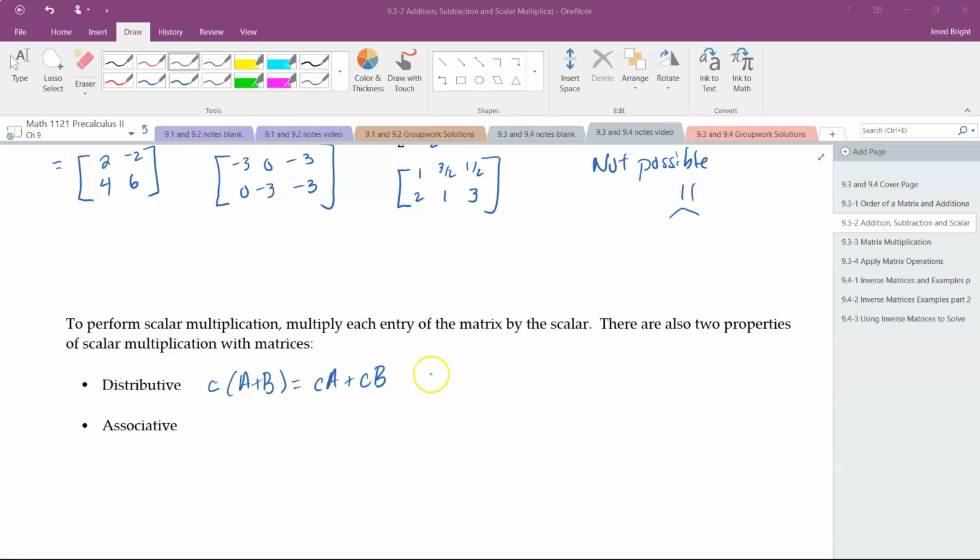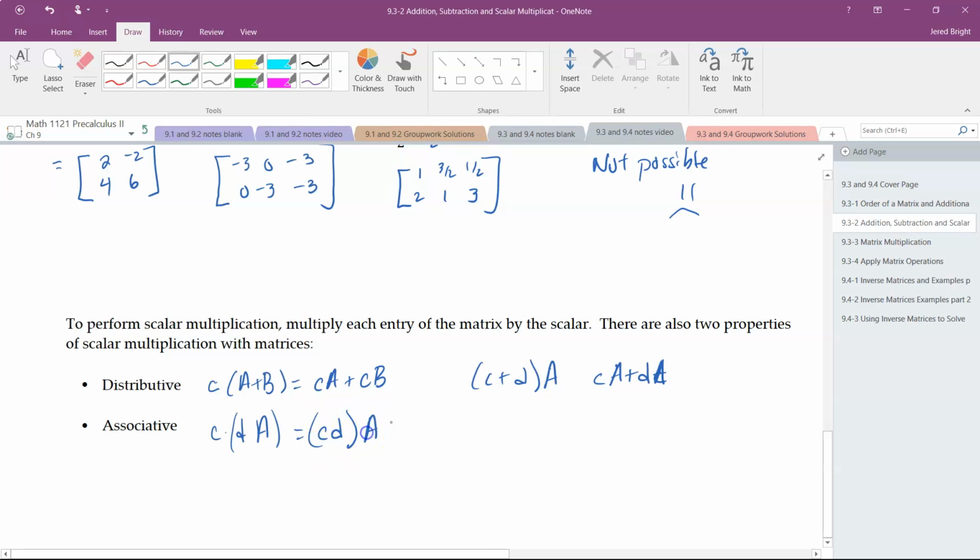You could also view this distributive property another way: if you have the sum of two scalars and multiply that by matrix A, you could distribute the matrix as well, CA plus DA. Associative: if you have C times D, all times A, you could do D times A first, and that would be the same as if you were to do CD first, and then multiply times A.